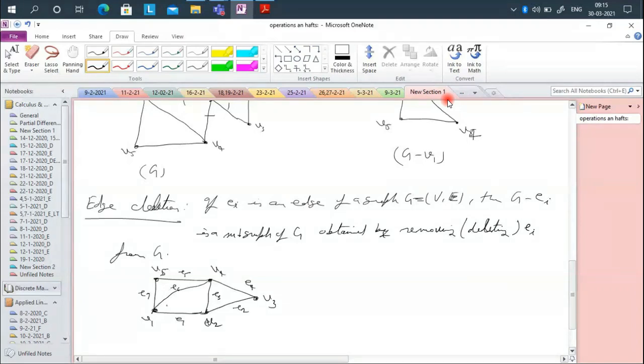Whenever we delete one edge, suppose we delete the E1 edge. This is your graph G. So what is G minus E1?